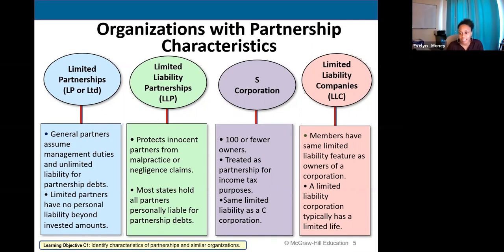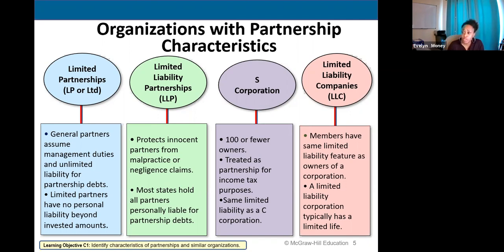They can't lose any of their personal assets. A limited liability company typically has a limited life, 70, 75 years, though it varies from state to state. But they enjoy not being taxed. The income of the business is passed on to the members, and then the members pay taxes on that income.